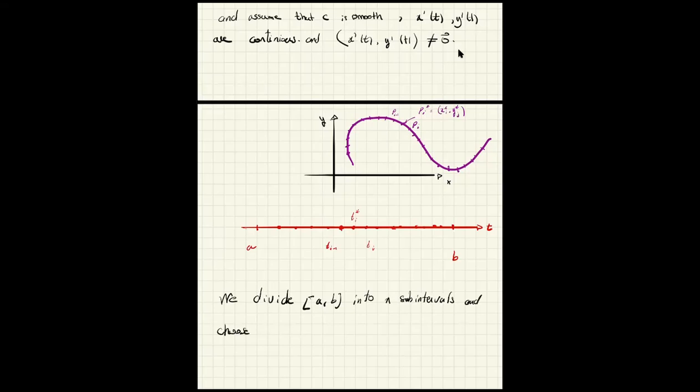We choose a point t_i star inside [t_{i-1}, t_i].